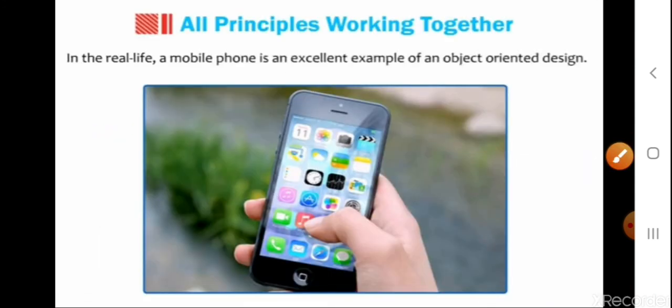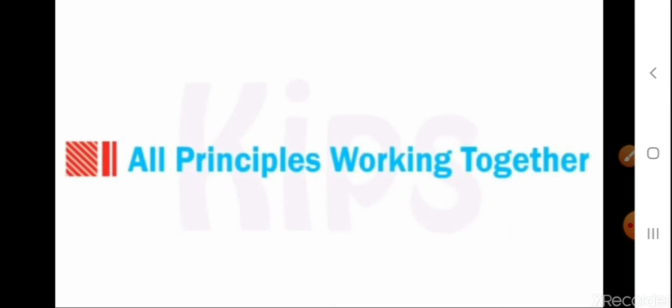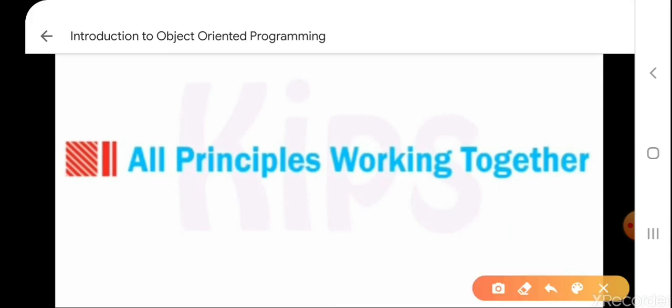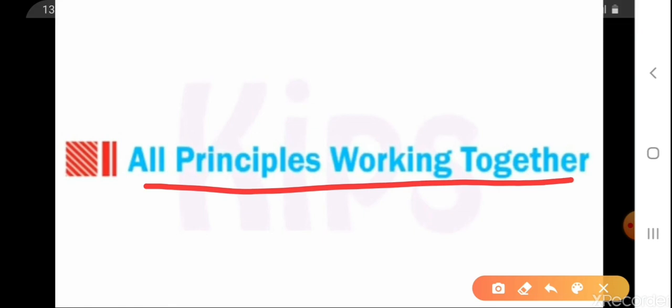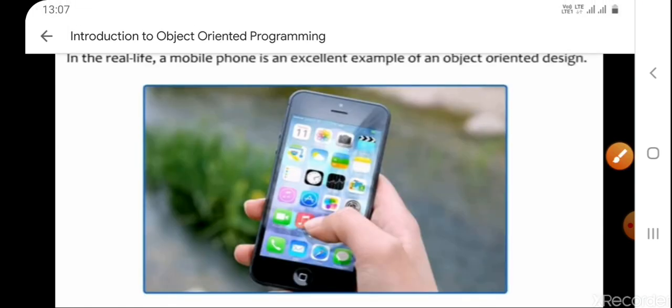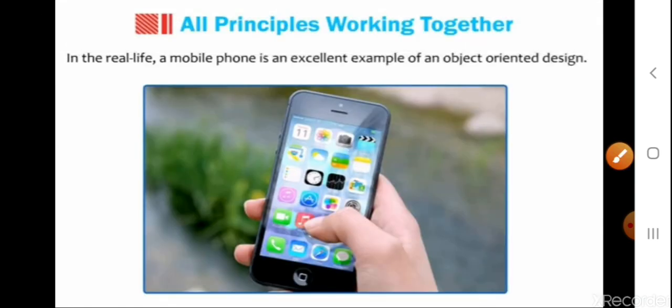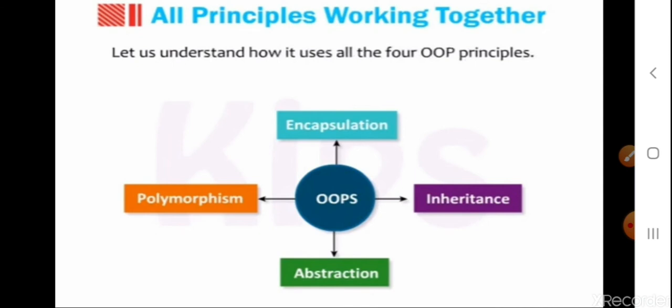Now, let us quickly look at how all the four principles are working together. What are these principles? Again, data abstraction, encapsulation, polymorphism, and inheritance.